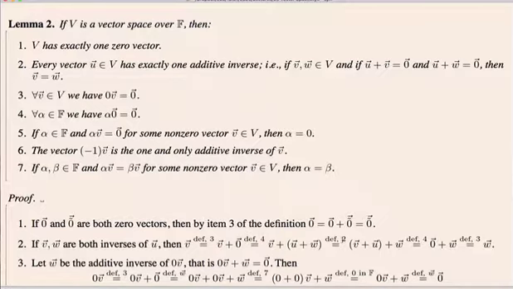Then property 2 of the definition says that it doesn't matter how we group these three vectors. So we might as well change the parentheses to v and u. Checking again what v and u were: v is an additive inverse of u. That means v plus u is 0.